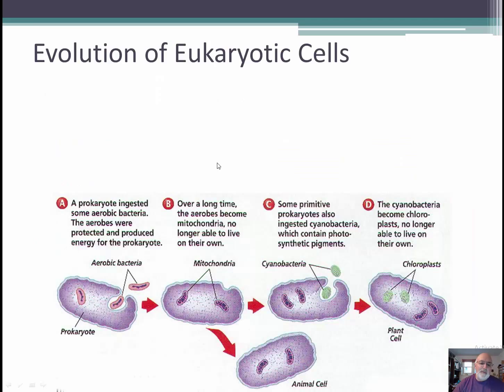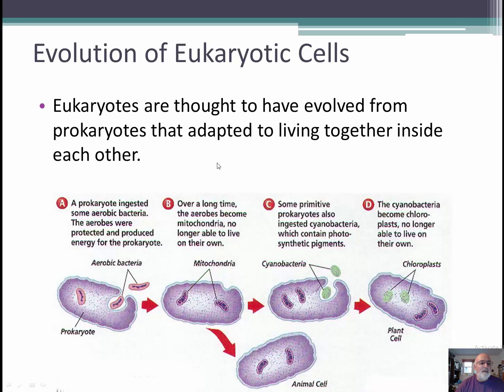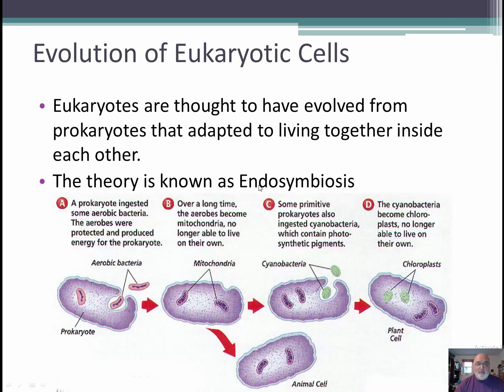Evolution of eukaryotic cells, we talked about those things way back in Unit 3. The process is called endosymbiosis, where we had a large prokaryotic cell without organelles invited in through endocytosis aerobic bacteria, which, if our cells feed them, give us ATP.